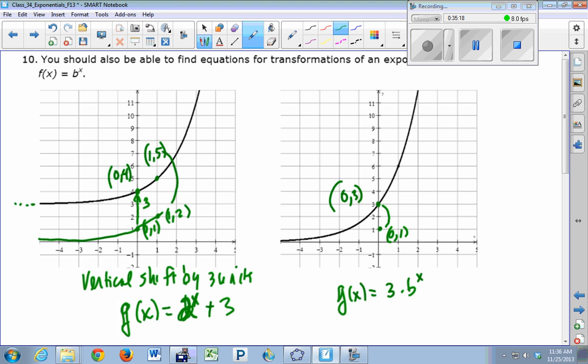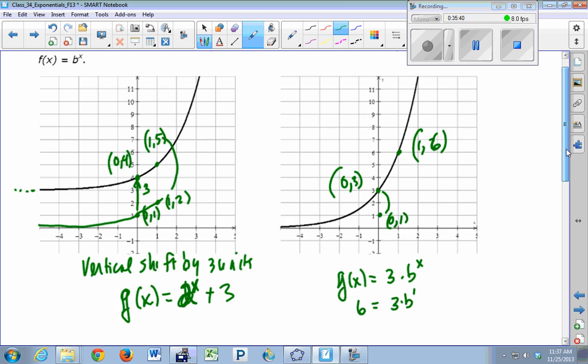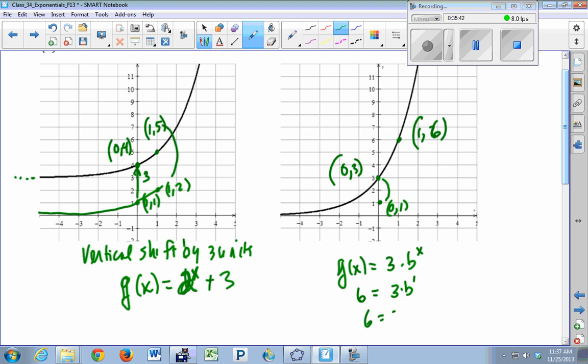Okay, now how do I figure out what b is? Well, take another very important point, 1, 6. We're at 1, 6. So when x is 1, your output is 6. So just throw that in now and solve for b. We put the 6 here, that's our y value. Our x value is 1. So this says 6 equals 3 times b.